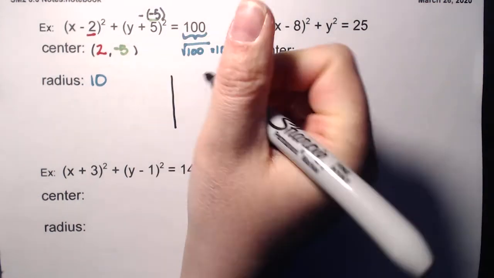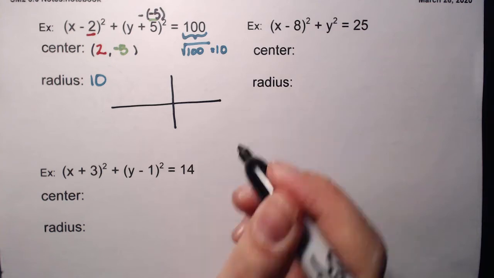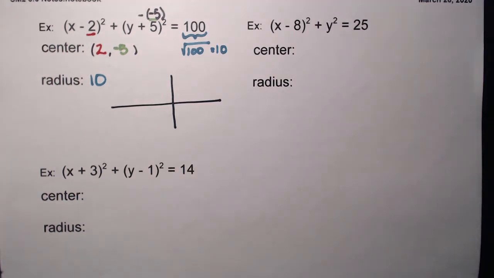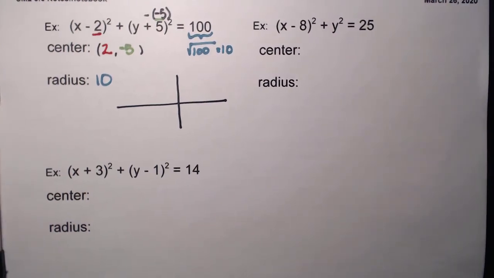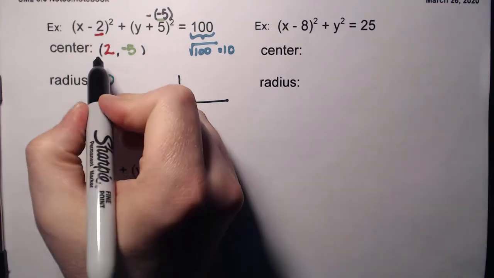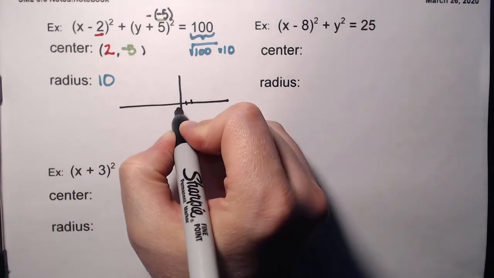So if I were to kind of trace out this circle on the XY plane, and we will get into this a little bit more in a second, that's just going to move the center right 2 and down 5.